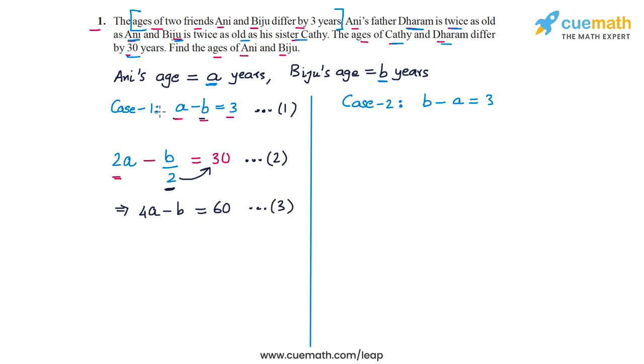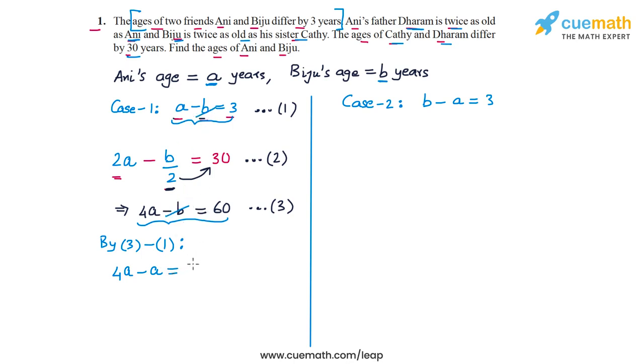So from equation 1 I have A minus B equal to 3. From equation 3 I have 4A minus B is equal to 60. Now I can do 3 minus 1 because that will eliminate B. On the left side it will give me 4A minus A, and the B terms will cancel out.